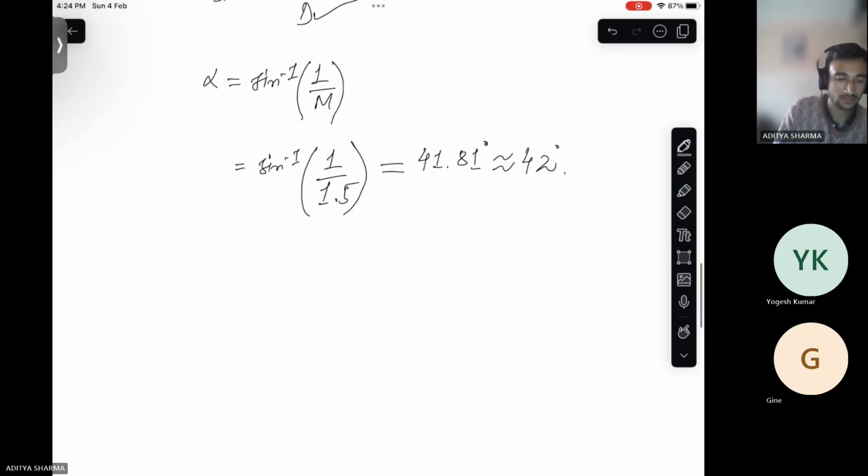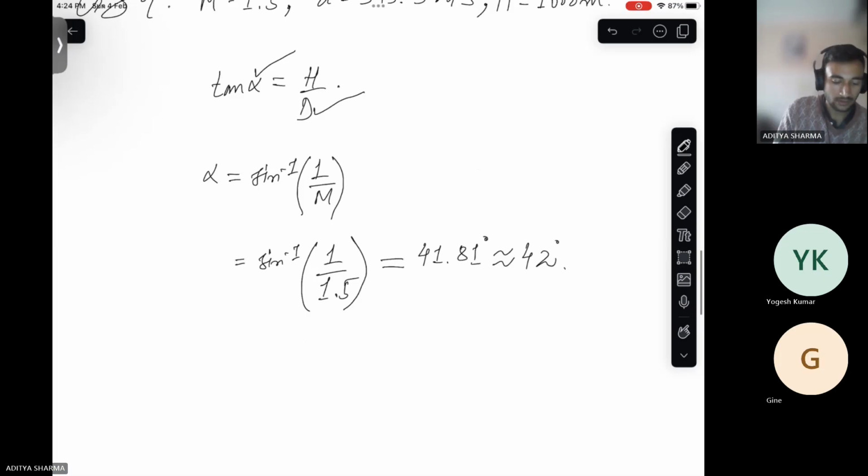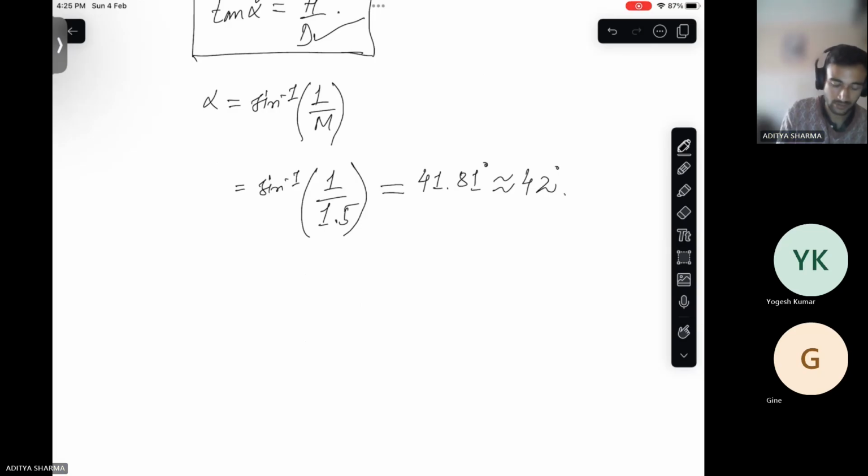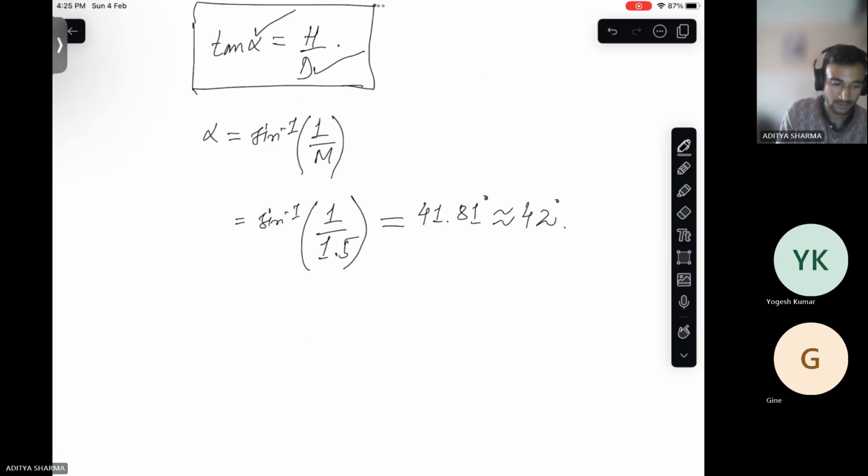So that is right. Now we have alpha in this expression. Then let's just work this out. Tan of 42 degrees, let's just write 42 degrees, equals h by d.